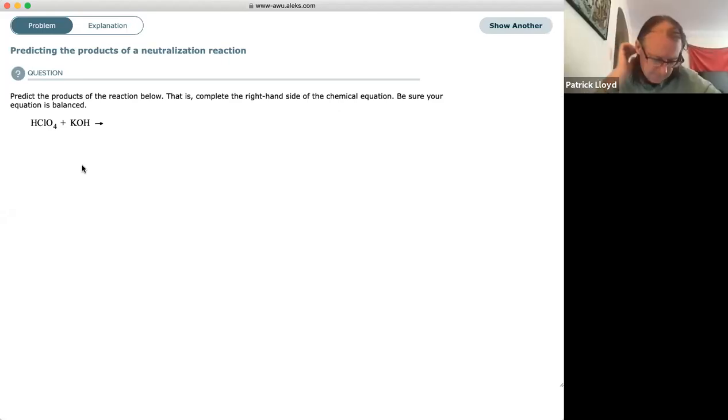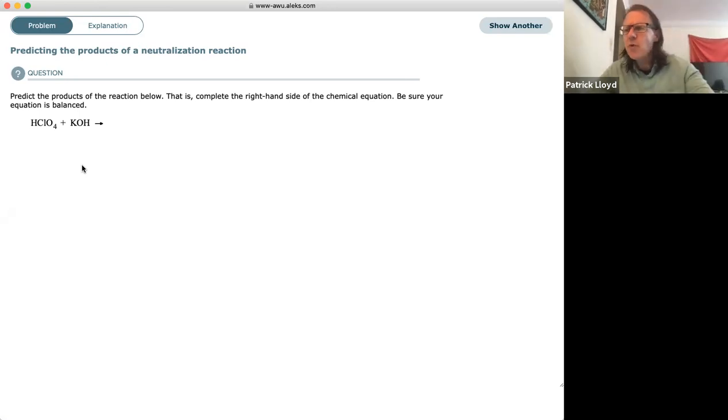There we go. So if we take a look at this example here, predicting the products of a neutralization reaction, neutralization essentially means that one reactant is reducing the chemical activity of another reactant. Okay, so it's neutralizing its activity.